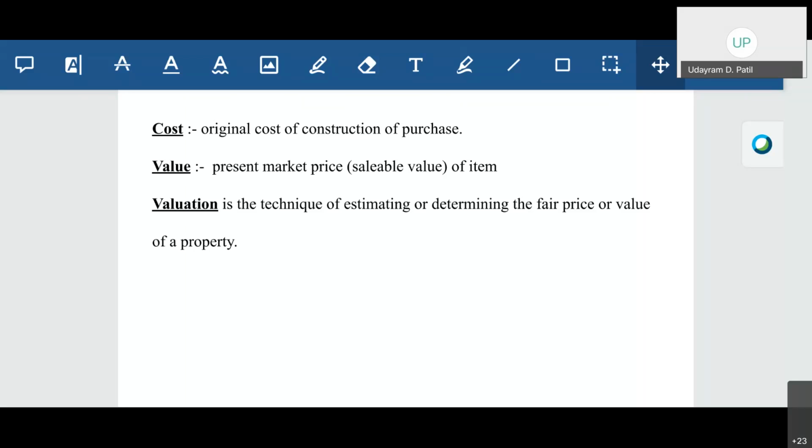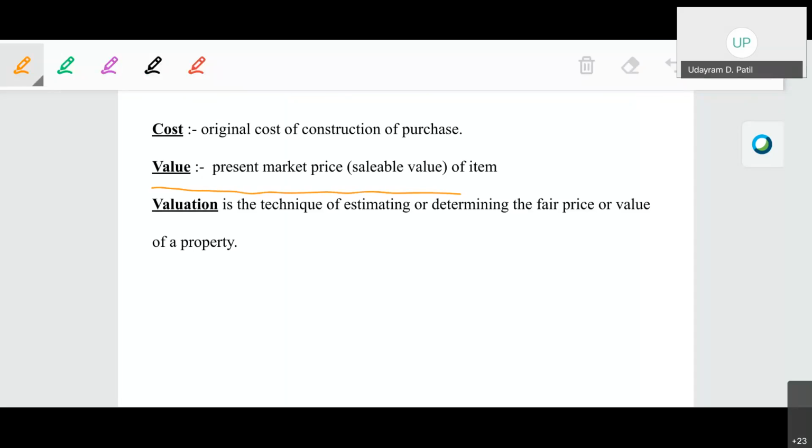If you are going to sell that mobile in the market, whatever amount it is going to fetch you is known as the value of that item. That is the present market value, meaning the current sellable value of your property. At an instant, if you sell that item in the market, how much amount will that property fetch you. So that is your value.